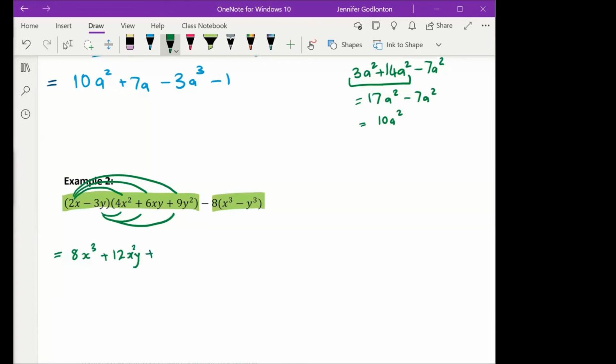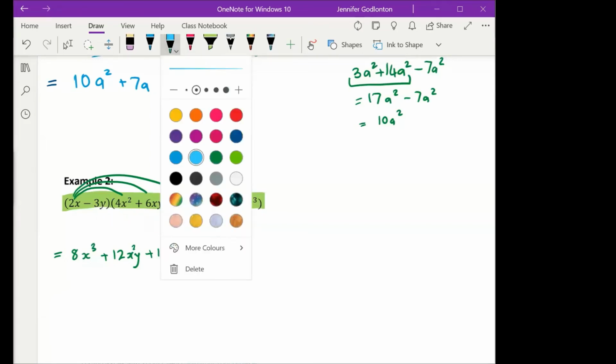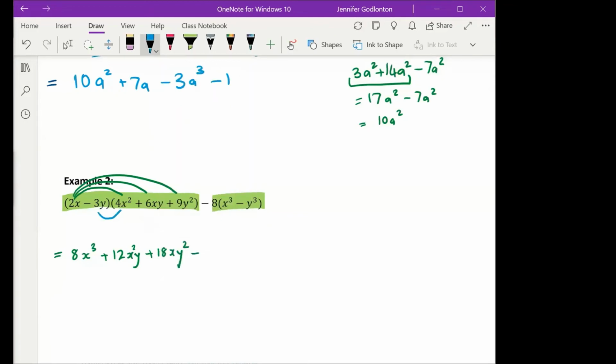Plus 18xy squared. Yep. Minus 8x cubed. Oh, you know what you did? I think you just jumped with the 2x and the 4x. But now we're looking at this one over here, so it's going to be 3y times the 4x squared.